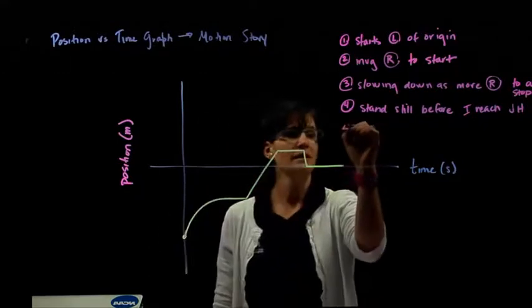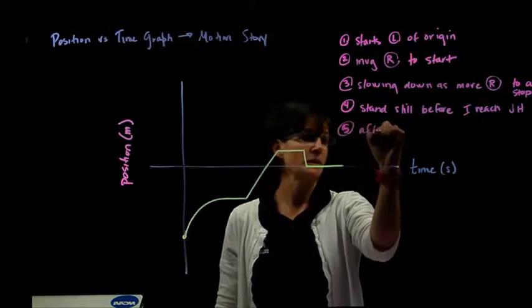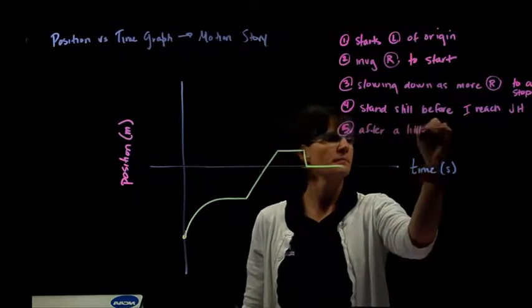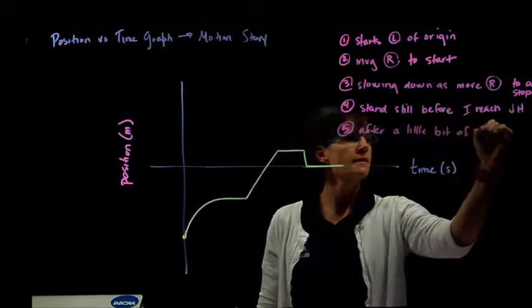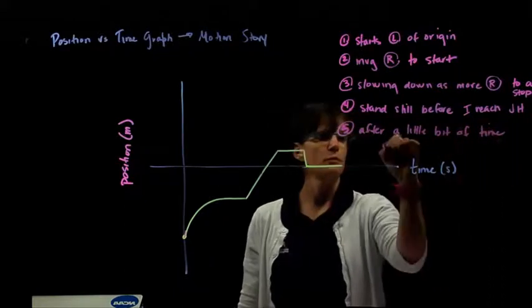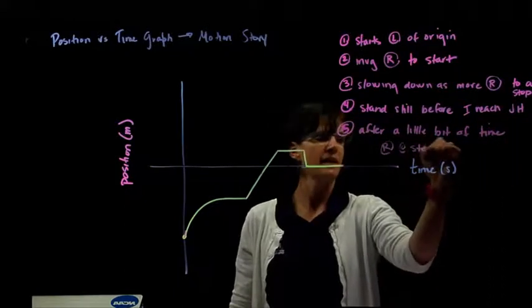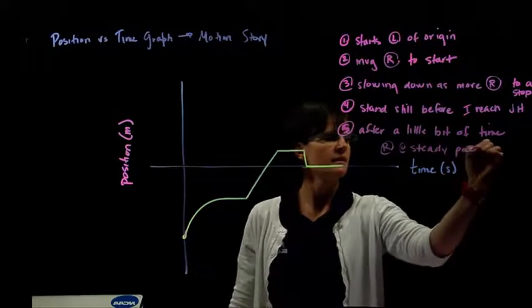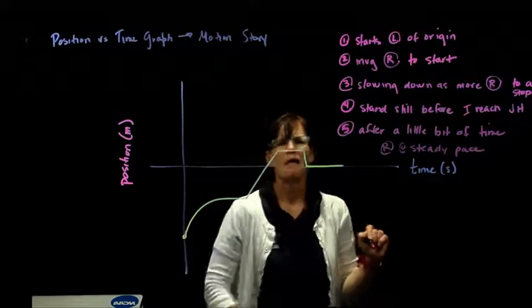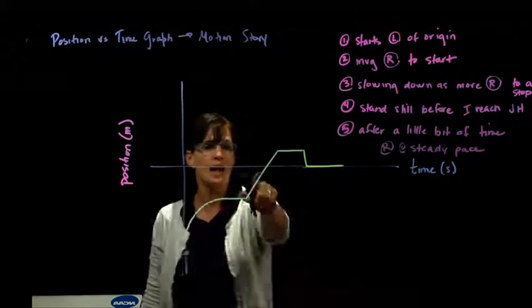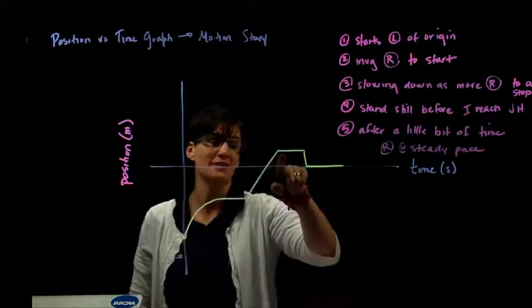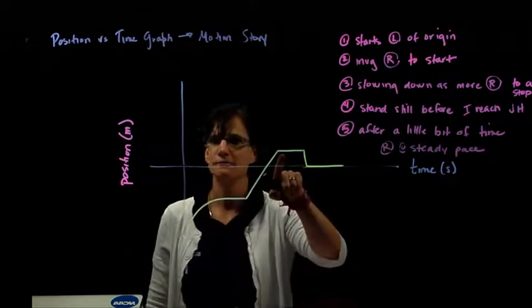So, after a little bit of time, I move right at a steady pace. Totally missed Jarvis Hall. I go past the origin to the parking lot on the other side, lot 18.